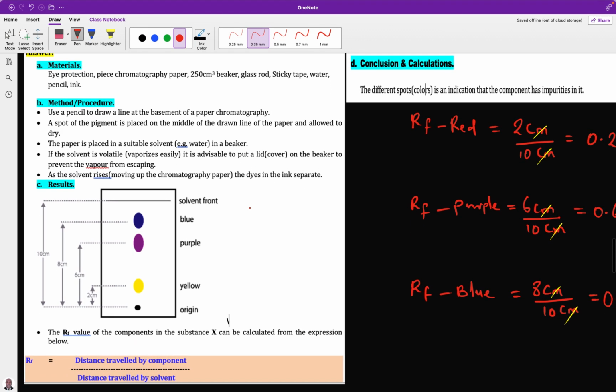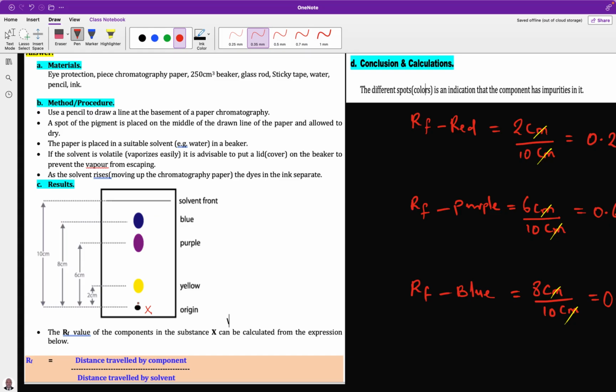Again, as the solvent rises or travels up the chromatography paper, the dyes in the ink or in the mixture will separate. I've outlined it here. This is the mixture X. Now, the mixture X, as it dissolves in the solvent, what happens?